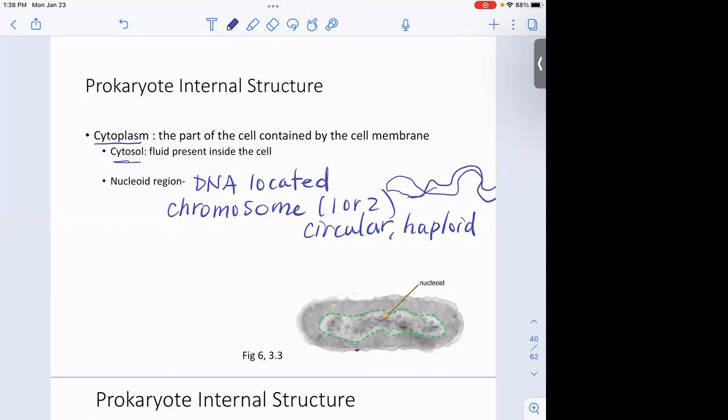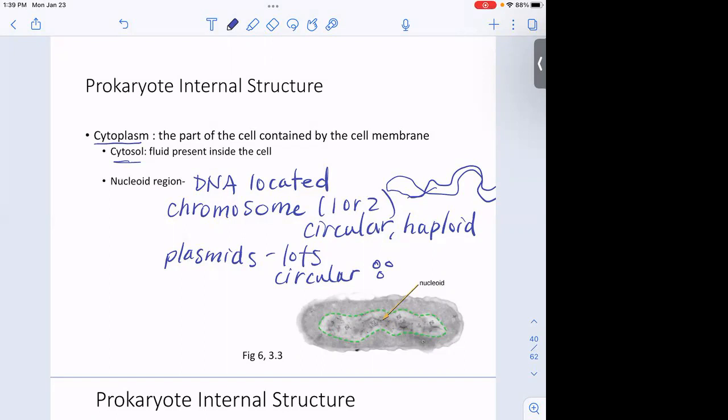And then most bacteria are going to have lots of different plasmids as well in that nucleoid region. These are also circular, but small circles of DNA. Plasmids usually encode information that's not absolutely necessary for the cell to survive.